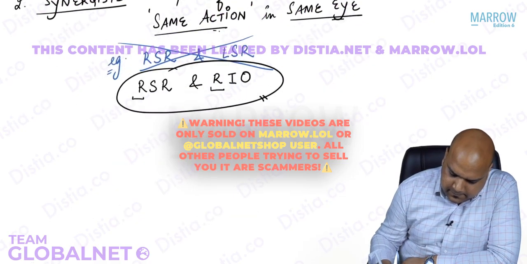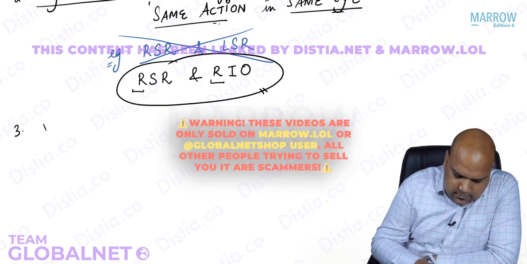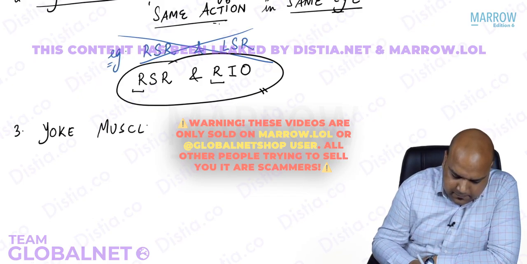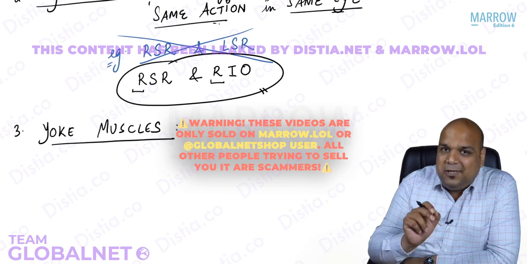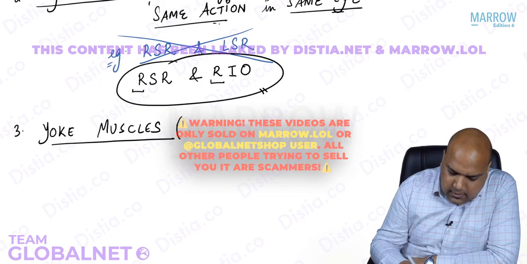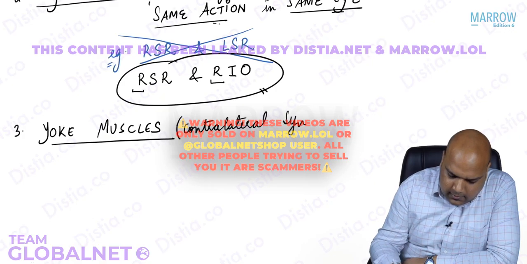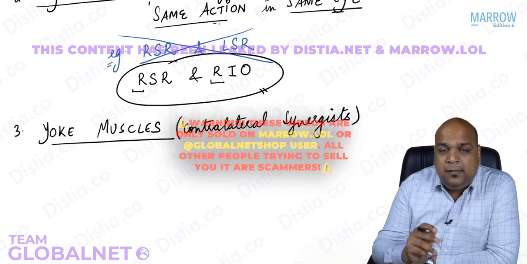The third point to understand is something known as yoke muscles. Antagonists and synergists all of us have heard, but yoke muscles is probably new. Yoke muscles are also termed contralateral synergists.